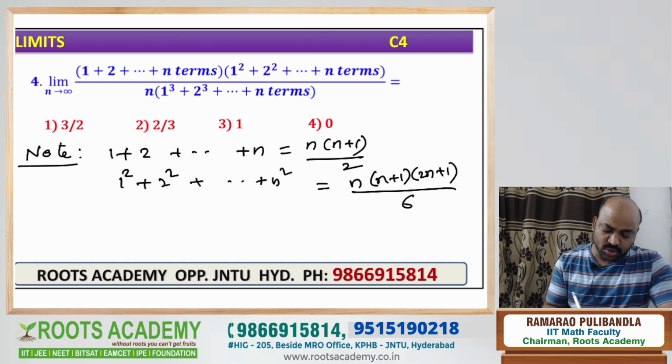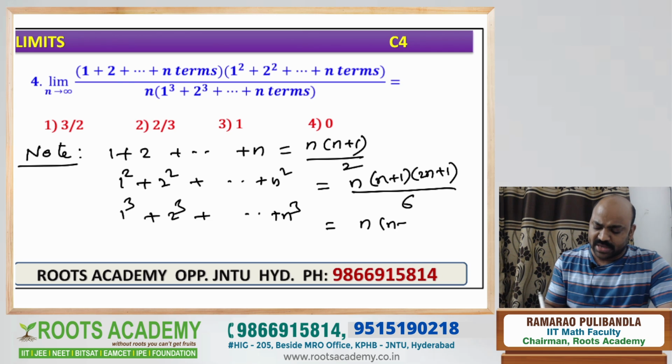The next one goes: 1 cube plus 2 cube plus 3 cube and so on up to n cube. The answer is (n into (n plus 1) by 2) whole square. That is nothing but n square into (n plus 1) whole square by 4.